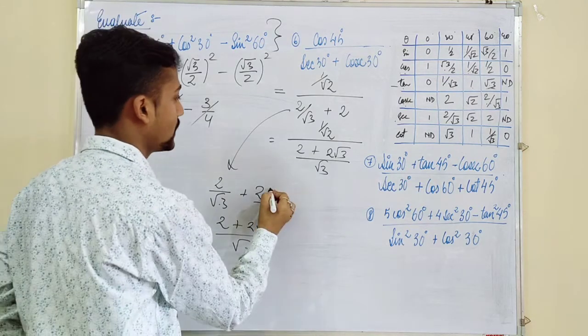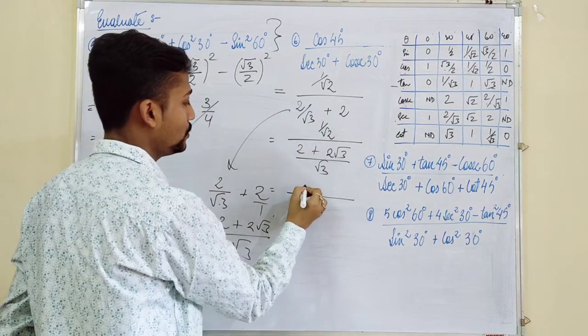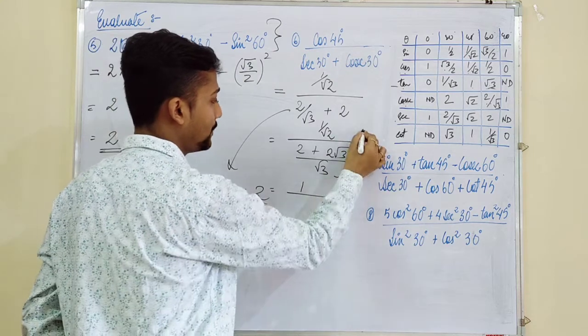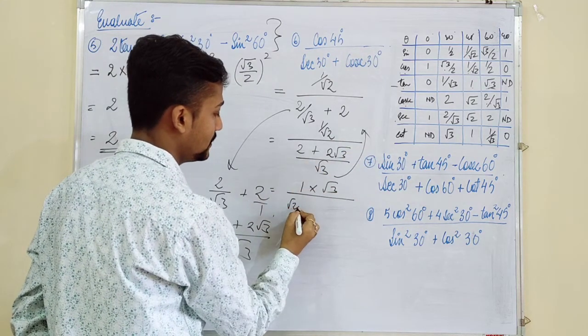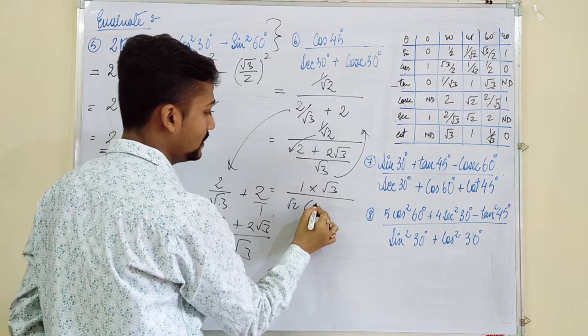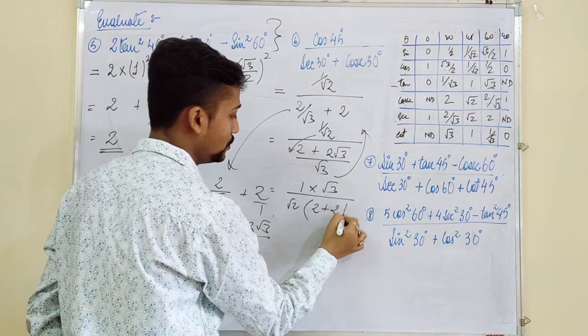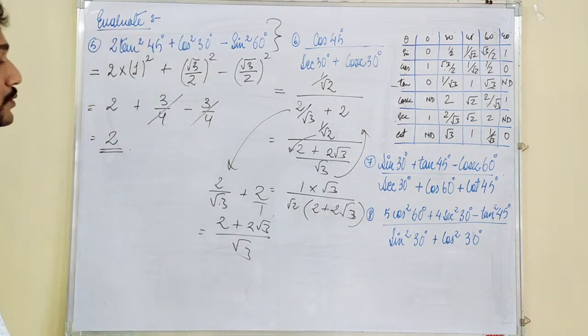Now, see carefully. 1 by root 2, 1 will be here, root 3 will go up. That means it will be root 3 like this. Root 2 will come down, isn't it? So it will be 2 plus 2 root 3.